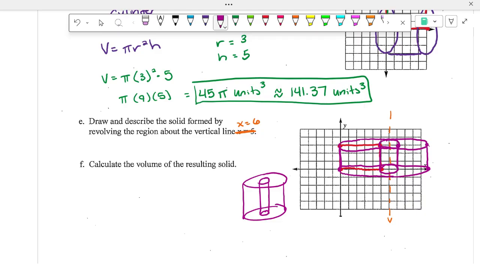All right. Now, we want to calculate the volume of the solid. So let's think about this logically.